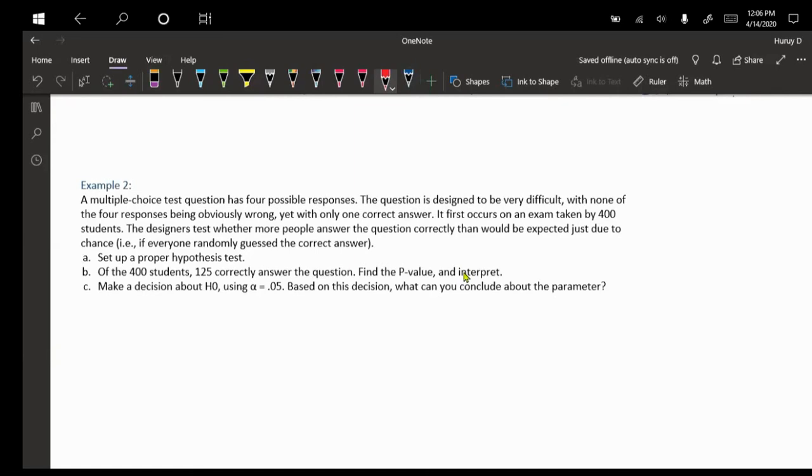So the correct answer is just 1. And we have 4 possible responses. It first occurs on, okay, 400. So we have 400 students. And the designers test whether more people answer the question correctly than would be expected just due to chance.